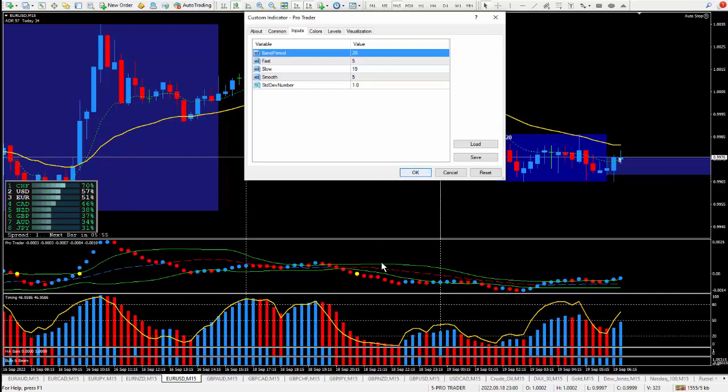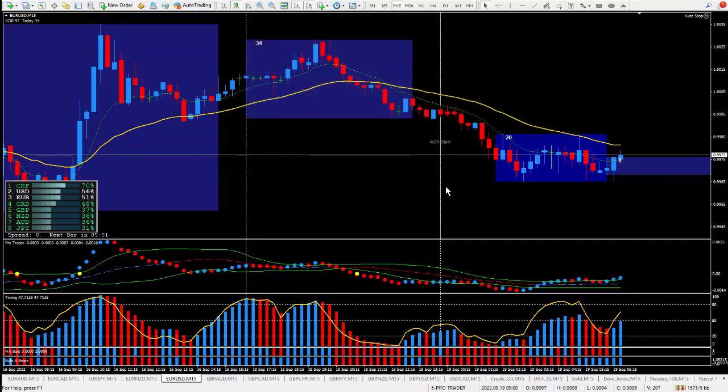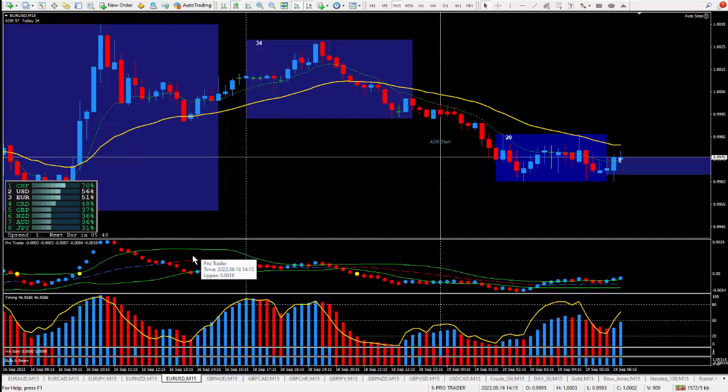So it's a combination of Bollinger Bands and MACD. So it's like two indicators in one. If you like Bollinger Bands and if you like the MACD, this is a very powerful indicator.